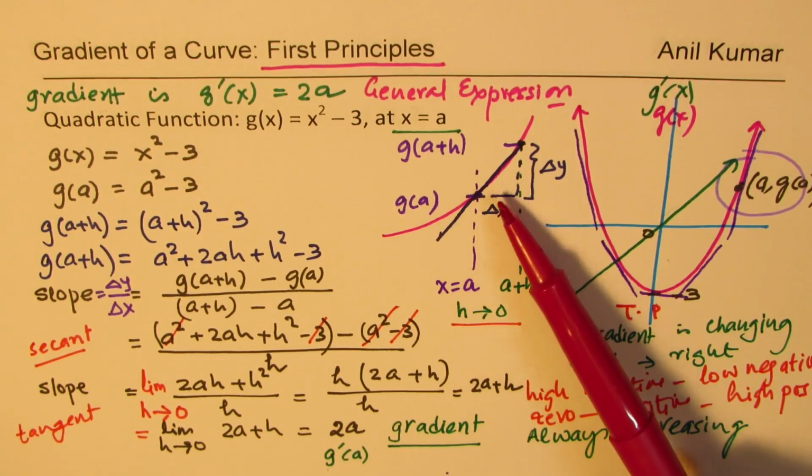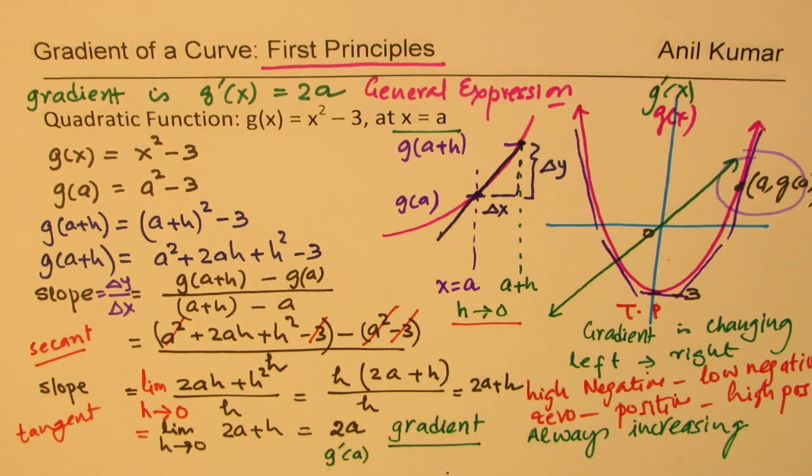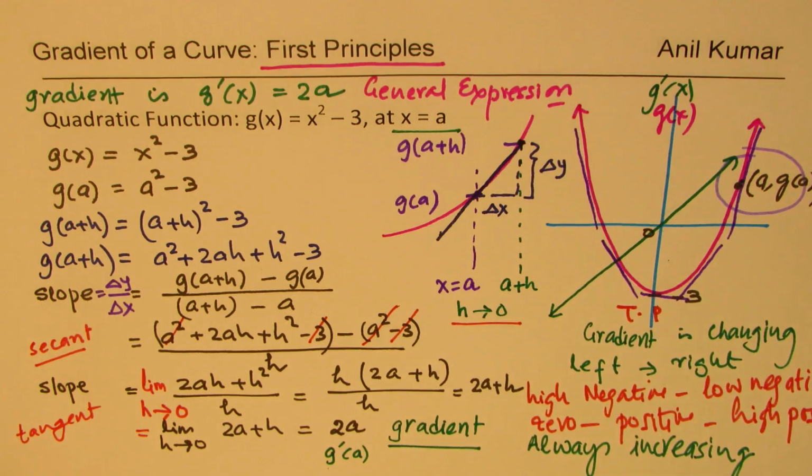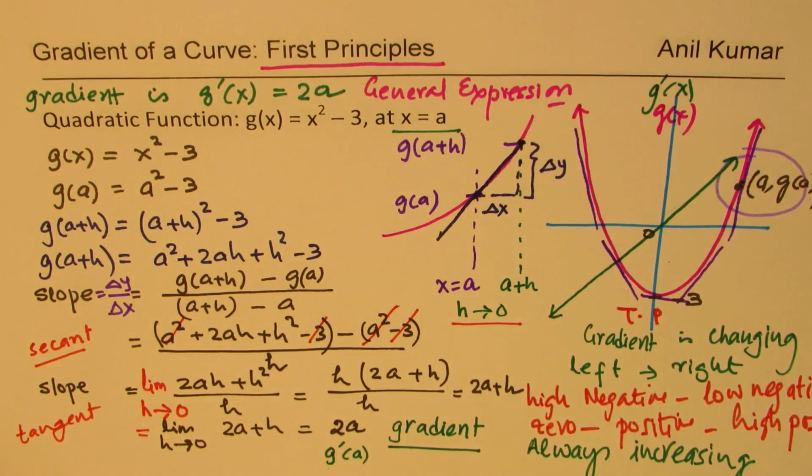Perfect? On the curve. So we get our value. While we do all this calculation, we see that h actually cancels out, and what remains will be substituted to 0 to find our general expression. Correct?